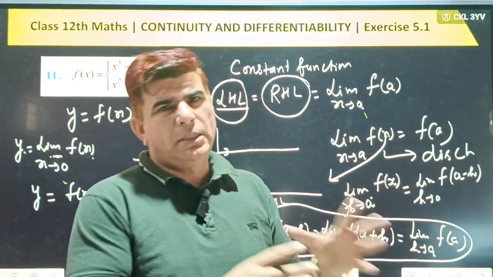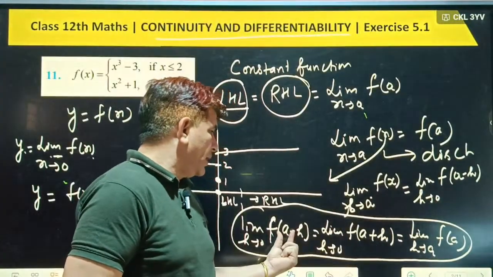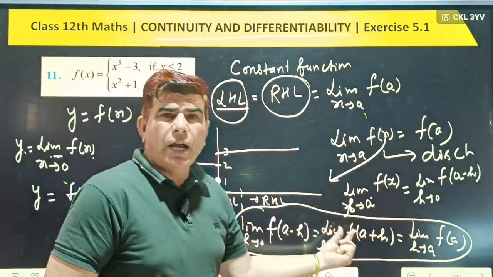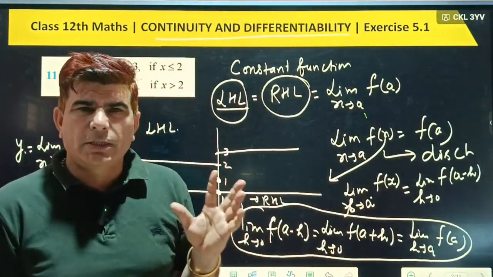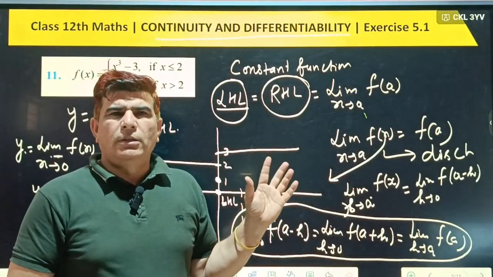Removable discontinuity is also of two types, first type and second type. In the second type, either the left hand limit or the right hand limit or both do not exist. That is the second type of discontinuity.